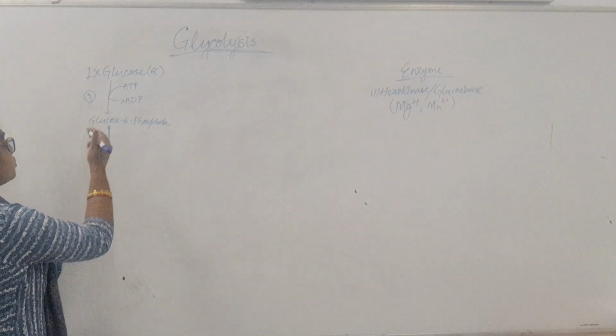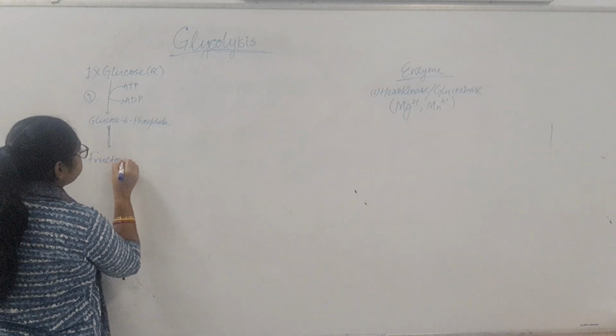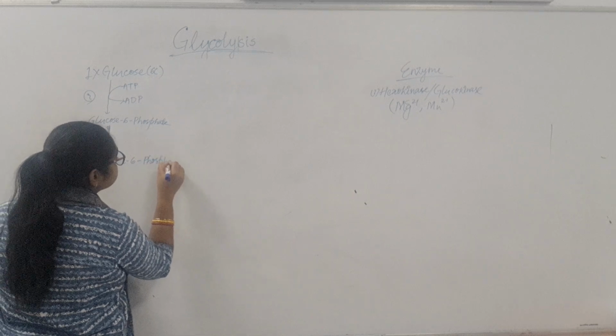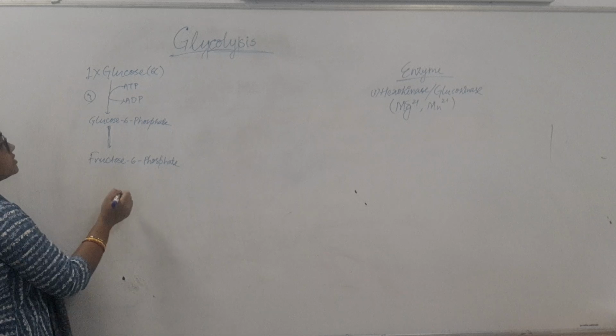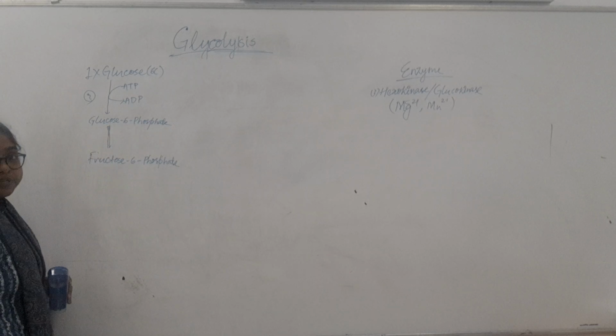So this glucose becomes fructose, and it becomes fructose 6-phosphate. It's an isomerization process. As these are isomers of each other, this is a reversible reaction.